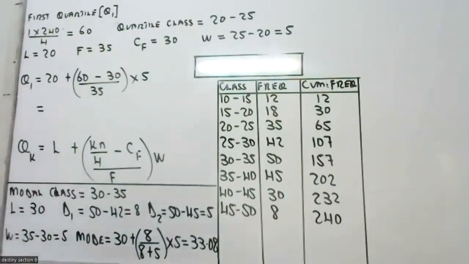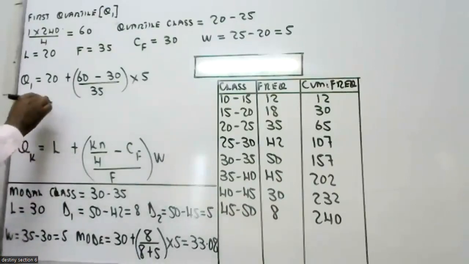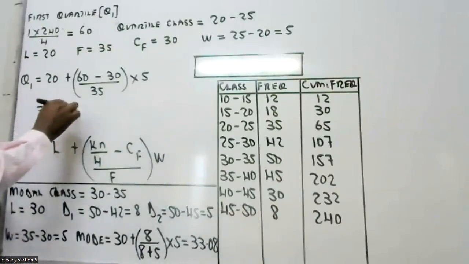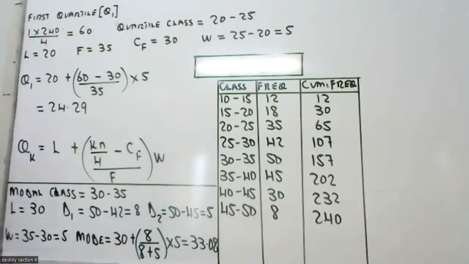And when you do so, this is 60 minus 30 divided by 35 times 5 plus 20. It is 24.29. So that one is okay.